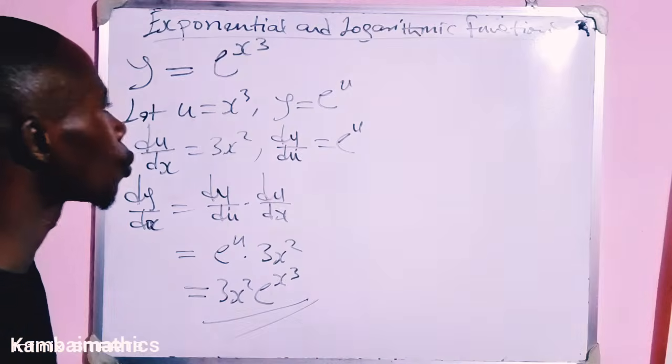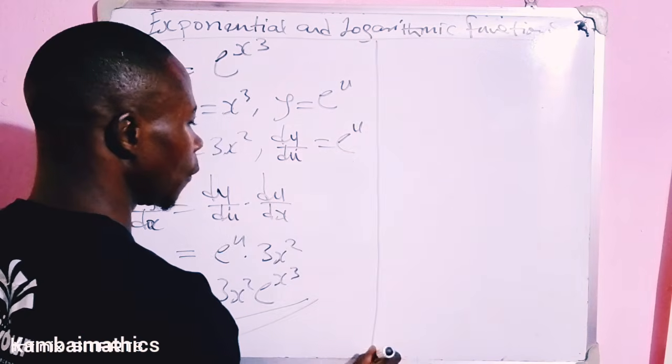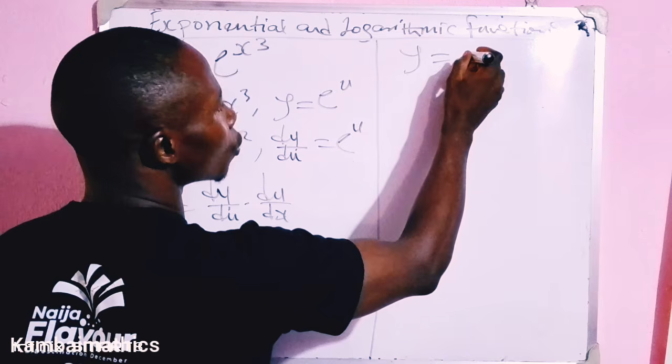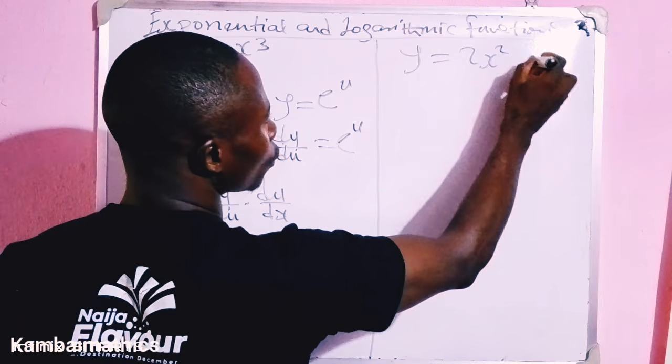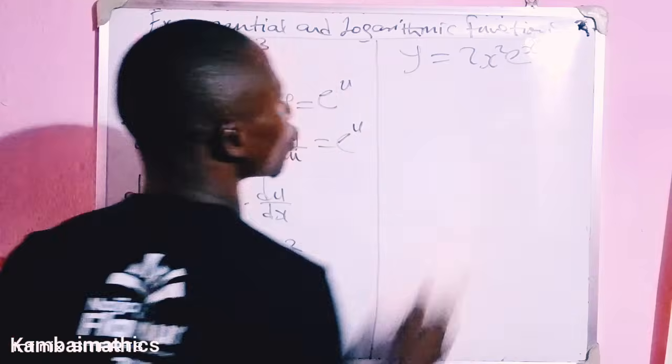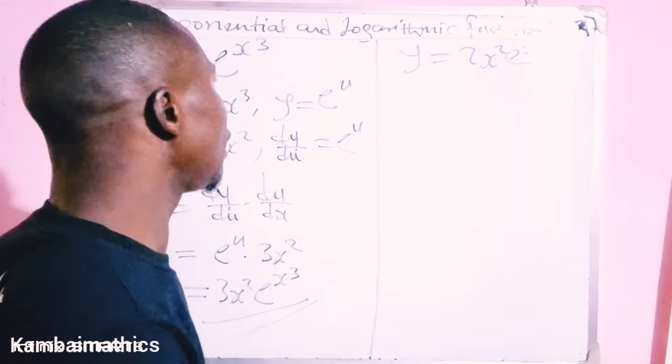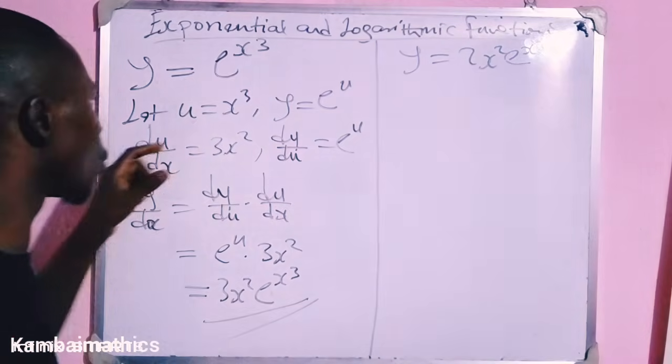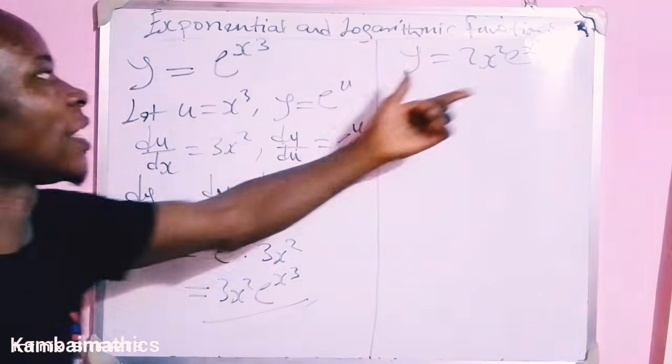Alright, what if a combination is given and you have y equals 2x squared times e^(x squared)? In this case, we don't use function of a function, because this is a product rule.